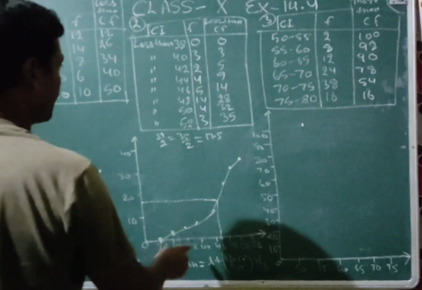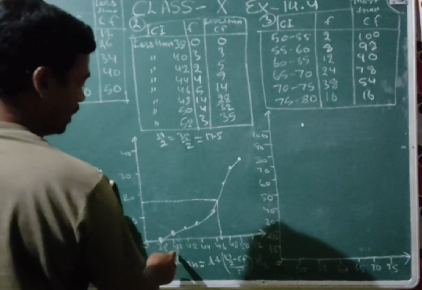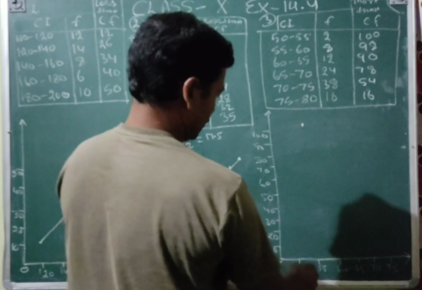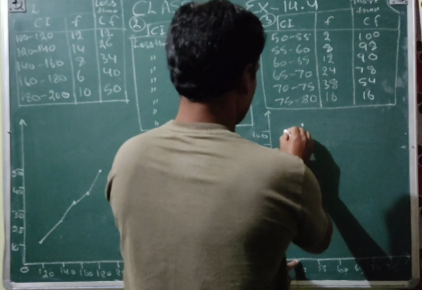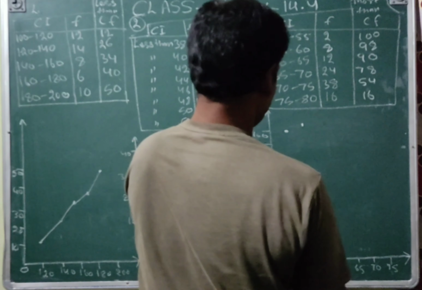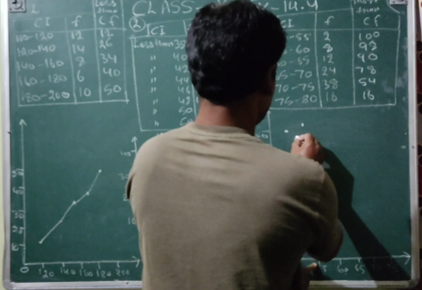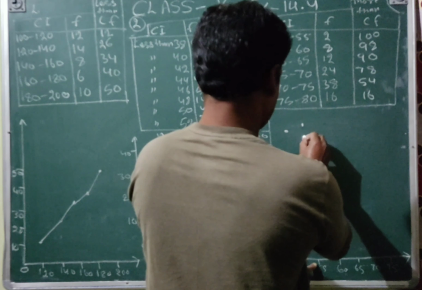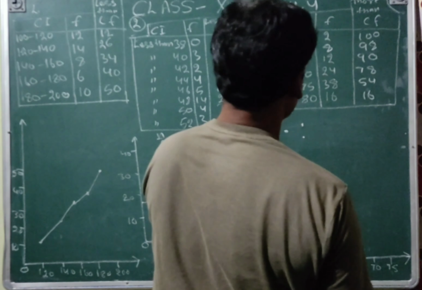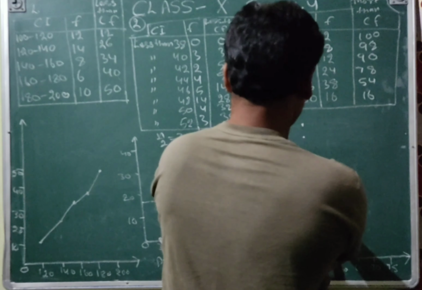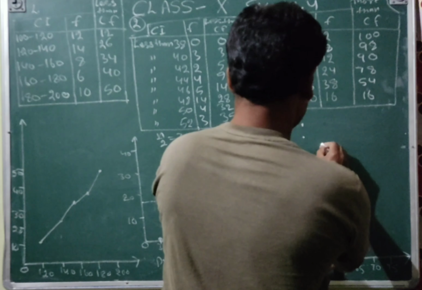For the less than type of ogive, we wrote the upper limit. So first is 100. On 50, that is 100. On 55, that is 98, just less, that will be 98. And then on 60, that is 90.